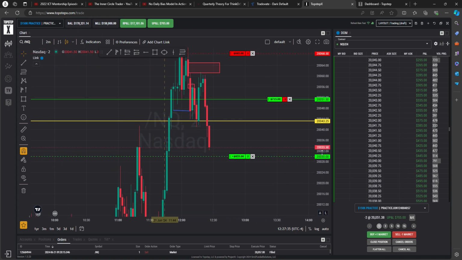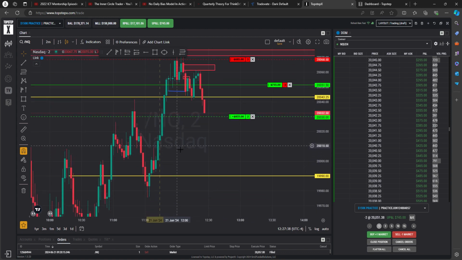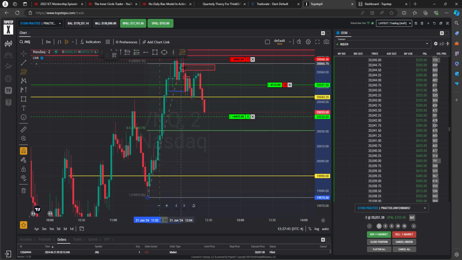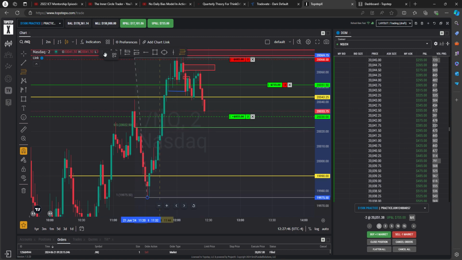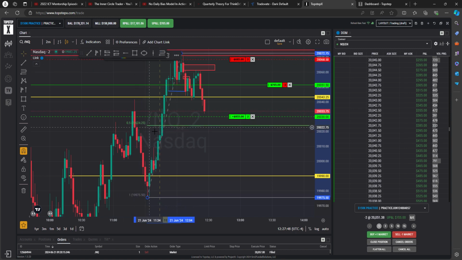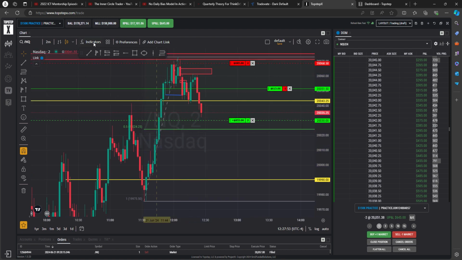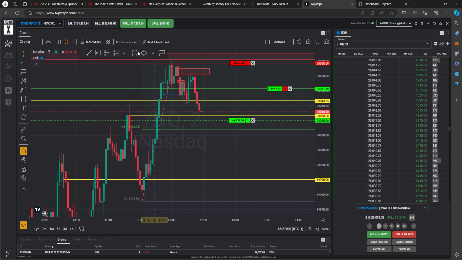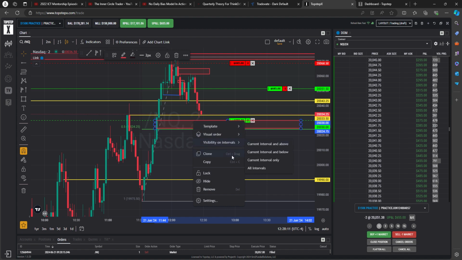And the reason 2030 is my target is simply I did the fib from bottom to high. Go ahead and move this from bottom to high. So you see 50% is around here, and it kind of aligns with this, I believe, a breaker, and on top of that we also have this 2-minute bullish FVG.